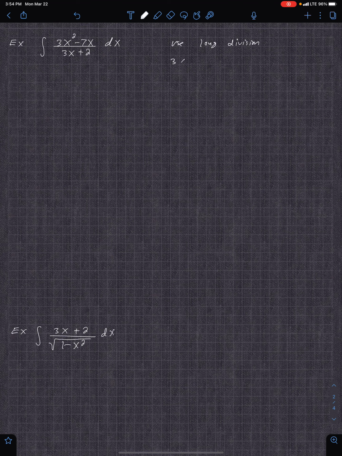So if you use long division, it's 3x plus 2 divided into 3x squared minus 7x. So you say what times 3 is 3x squared, and that of course is just x. Let's change colors on this. You multiply and you get 3x squared, of course, plus 2x, and then you subtract.